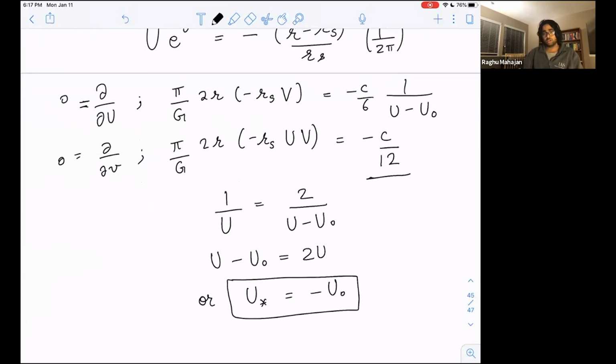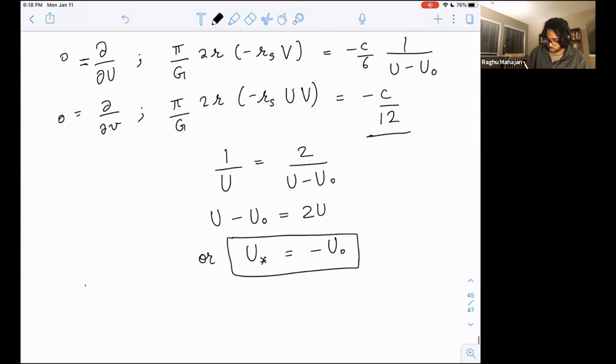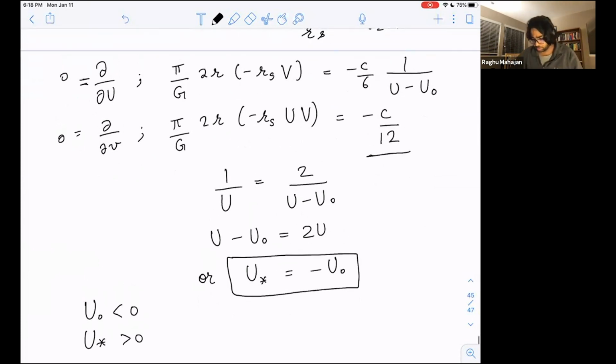This is the u coordinate of the quantum extremal surface. The minus sign makes sense because u naught was negative, remember, because the point P was to the past of the horizon. So u star is positive, and that means that Q is in the interior of the black hole, to the future of the horizon. So that's the value of capital U.